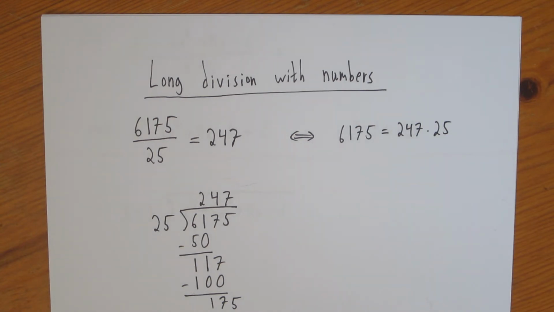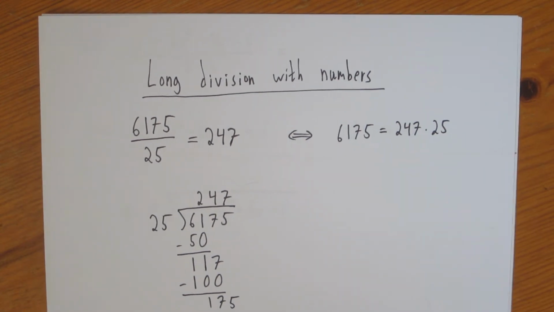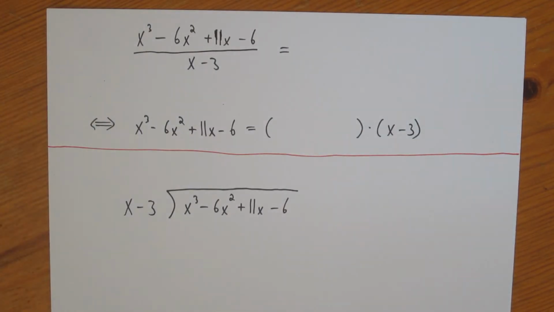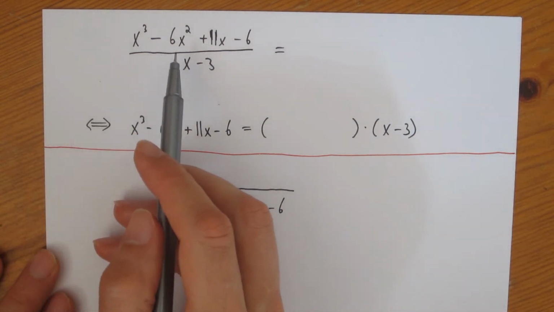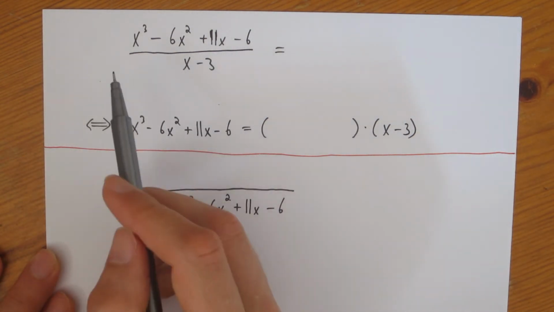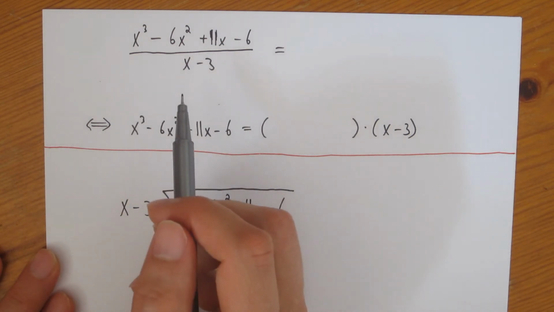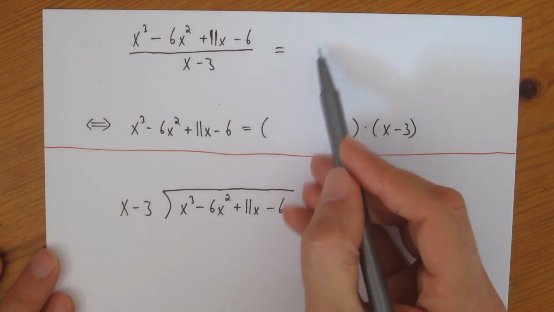Moving on to long division involving polynomials now. Let's determine what x^3 minus 6x squared plus 11x minus 6 all divided by x minus 3 becomes.